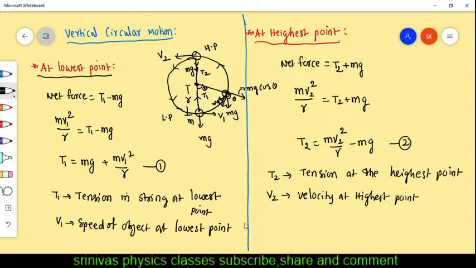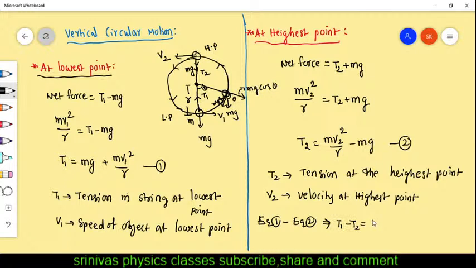And now I want the difference. For example, if you want to find the difference between these two tensions, I want equation 1 minus equation 2. Left sides you subtract and right sides also you subtract.